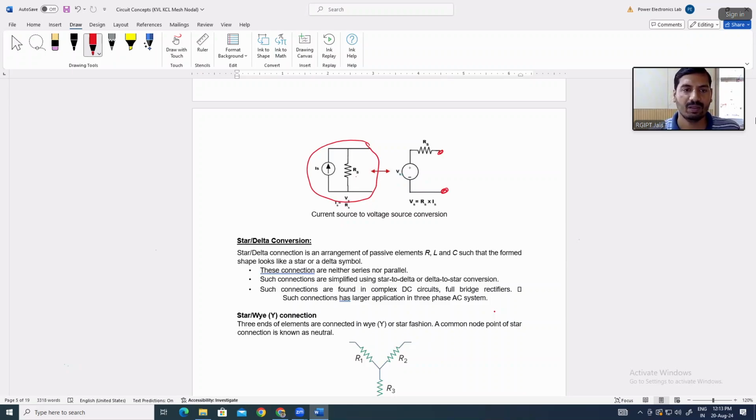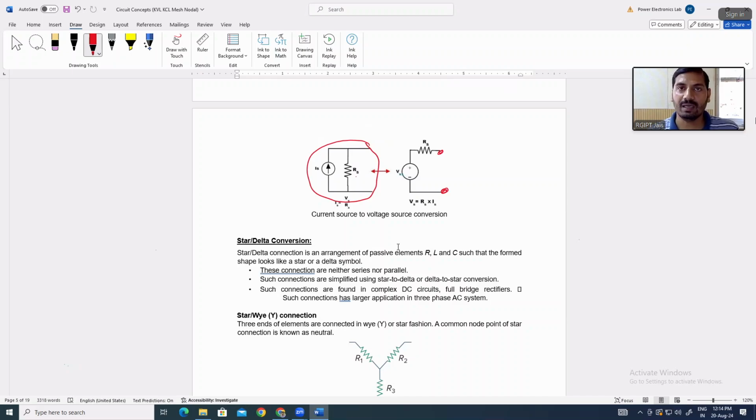Next is, while solving a circuit, if the circuit is complex, and you observe that there are a large number of passive elements, that is RLC, resistor, inductor, capacitor, connected in any manner, and you don't find a series-parallel combination in that, you can check for a star-delta connection.